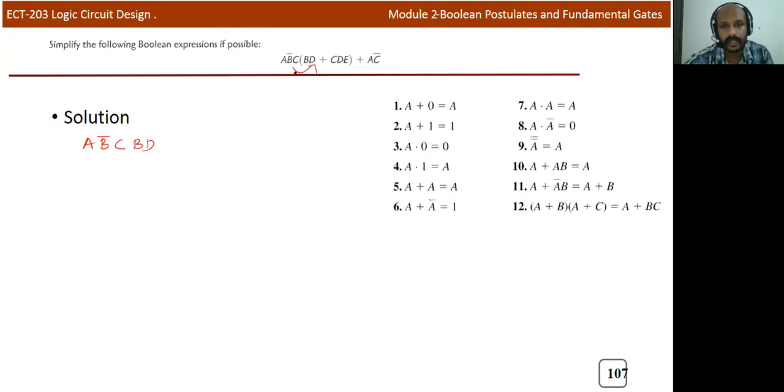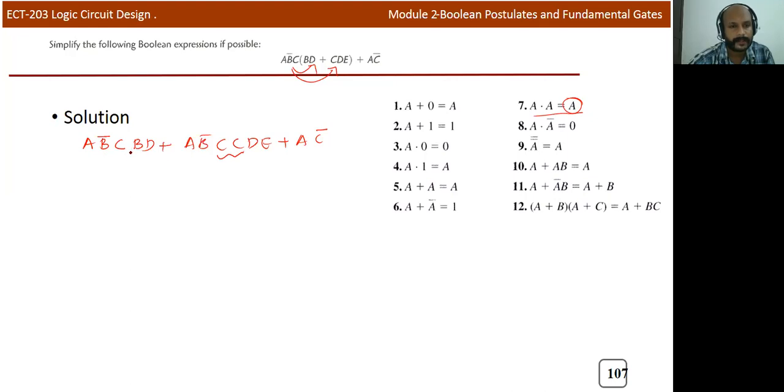Okay, I will multiply these two terms. Actually the AND operation, when I use the term multiplication, means actually the OR operation. Another term is a b bar c into c d e, and finally there is a term a c bar. So here you can see that a c into c, something similar to a into a, which is equal to a. So I can reduce to c.